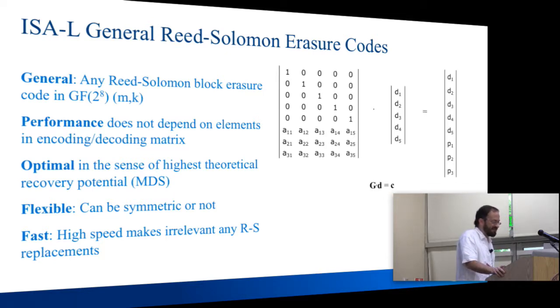And because they're fast, they really make other erasure code methods irrelevant. There are lots of other erasure code systems out there. A lot of them were designed when it was slow to do general purpose multiplies, and so they replaced multiplies with a whole lot of XORs or other operations.